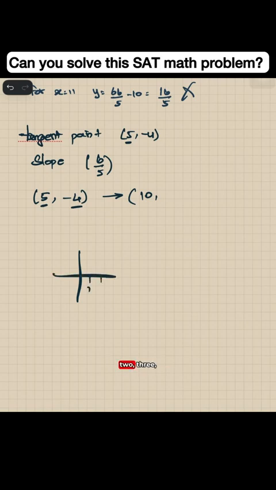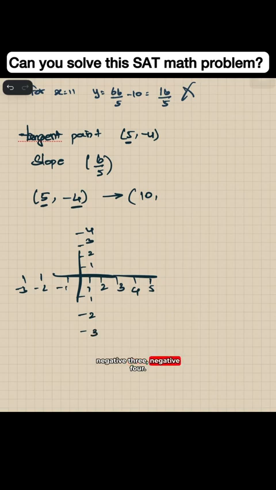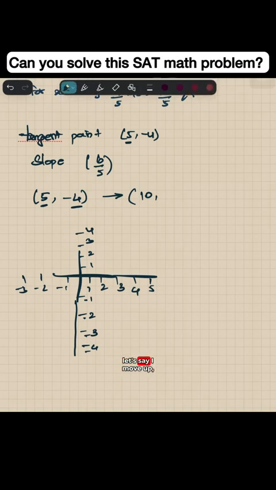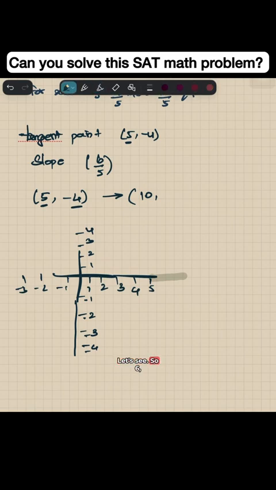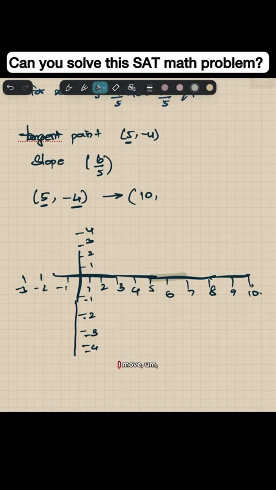Try and visualize this on a number line. From 5, I move right by 5: 5, 6, 7, 8, 9, 10.